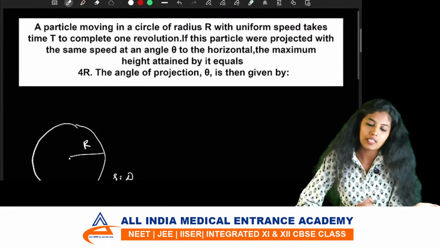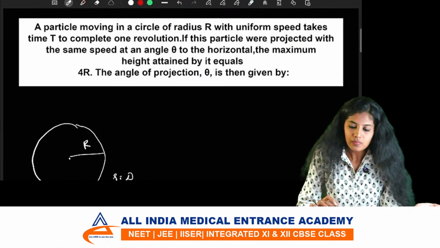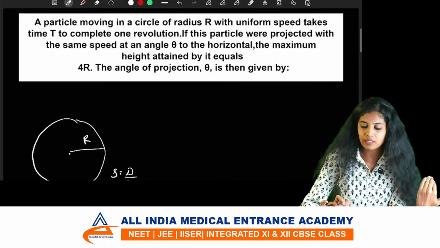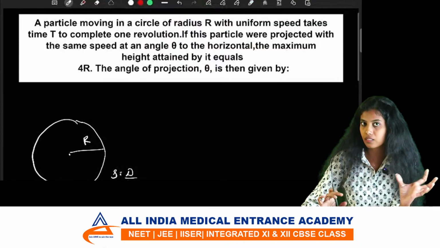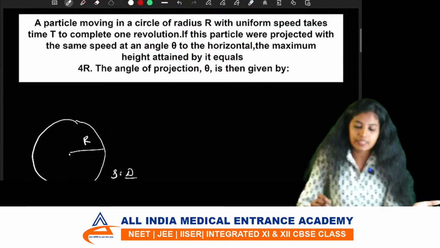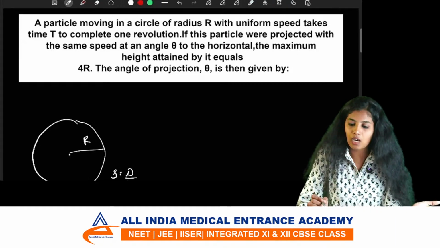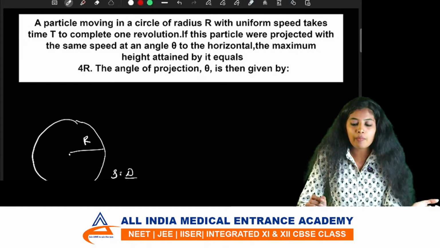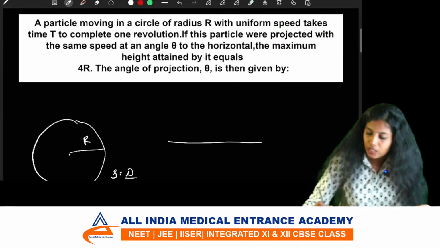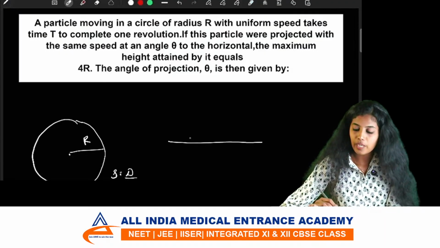What they said in the second part is that if the same particle were projected with the same speed, that is, the speed we got from the first case is used in the second case, at an angle theta with the horizontal, the maximum height attained equals 4r. So this is converted to what? Projectile motion or two-dimensional motion.